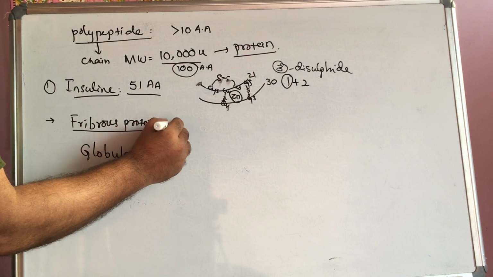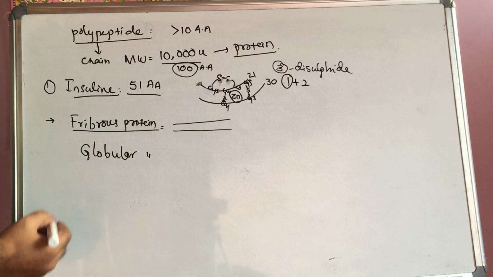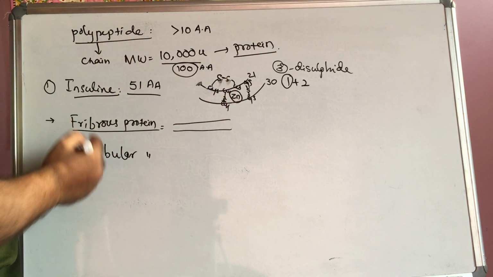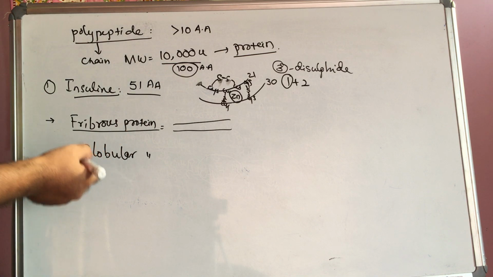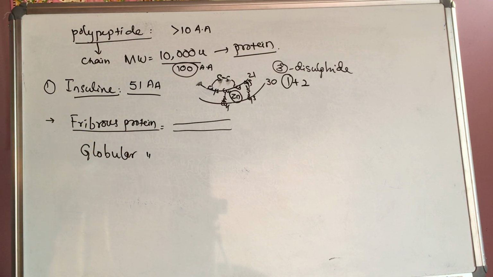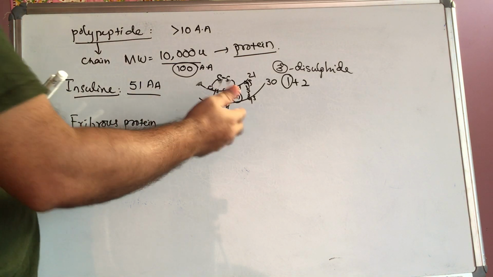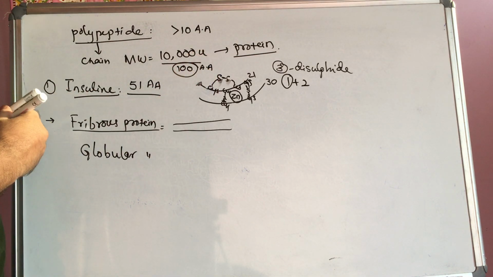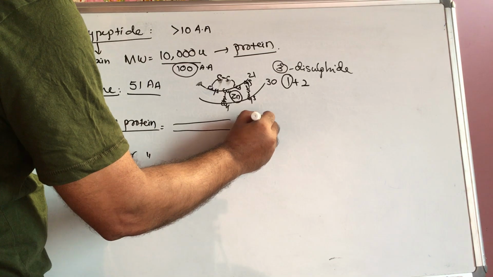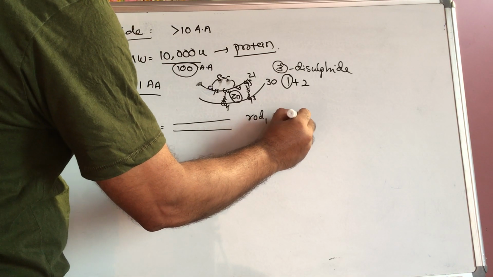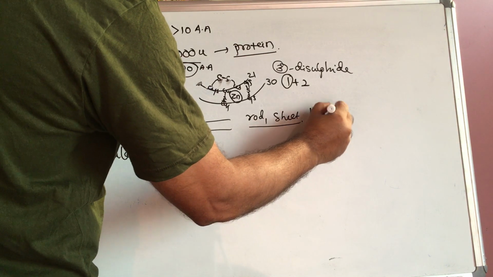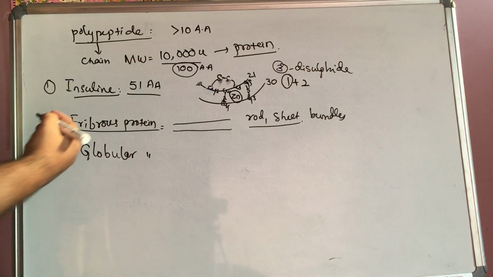Fibrous proteins have parallel chains. These parallel chains are linked by disulfide linkages, hydrogen bonds or other interactions. Due to this parallel interaction between the polypeptide chains, they look like rod type or sheet type, like bundles of polypeptides.